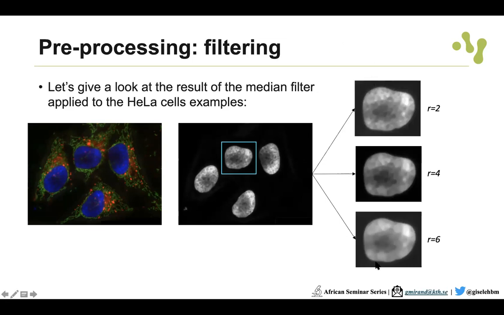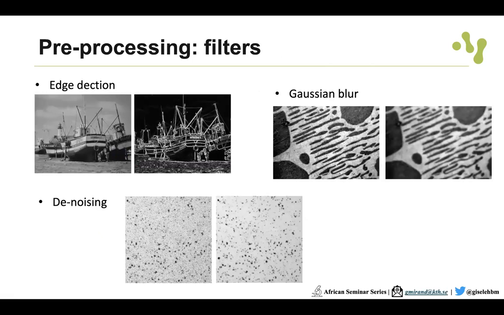We can see how the size of the neighborhood affects the final result. The size of your neighborhood should be chosen based on the size of the particles that you want to filter. So it's also a parameter to be tuned in your pipeline.